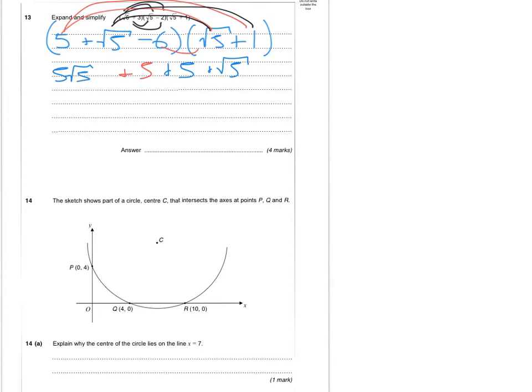Then minus 6 root 5. And then minus 6. So altogether we've got 5 root 5 plus root 5 minus 6 root 5. That's 0. And we've got 5 plus 5 minus 6, which is 4.